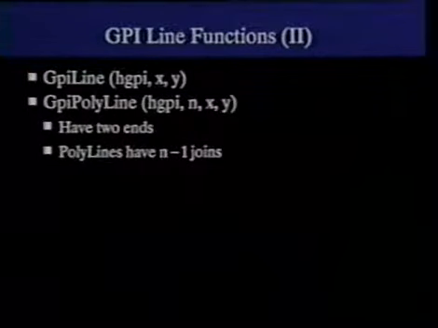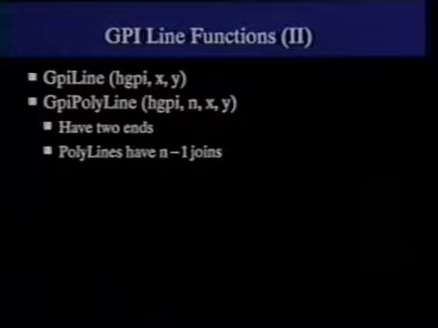When you want to actually draw lines, then you can draw one line at a time, or you can draw through a bunch of coordinate locations. Both the GPI line and GPI polyline functions consume the current position. They therefore both have two ends, and polylines have n-1 joins as well.